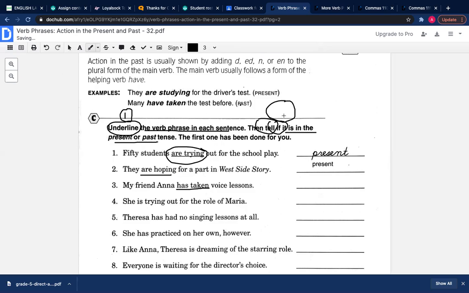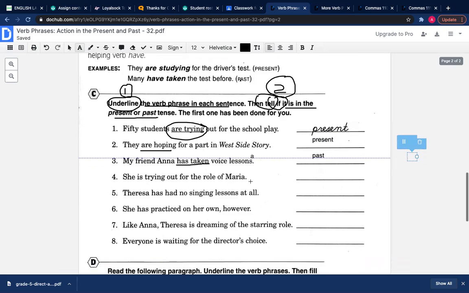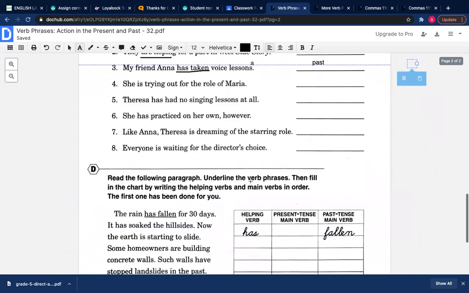We have to do both. Okay, has taken. I'm looking up here just to make sure. Many have taken. That tells me it's past tense. If somebody has taken something, yeah, that means that they've done it in the past. So on the line, I'm going to write past tense. Okay, then you continue 4 through 8.